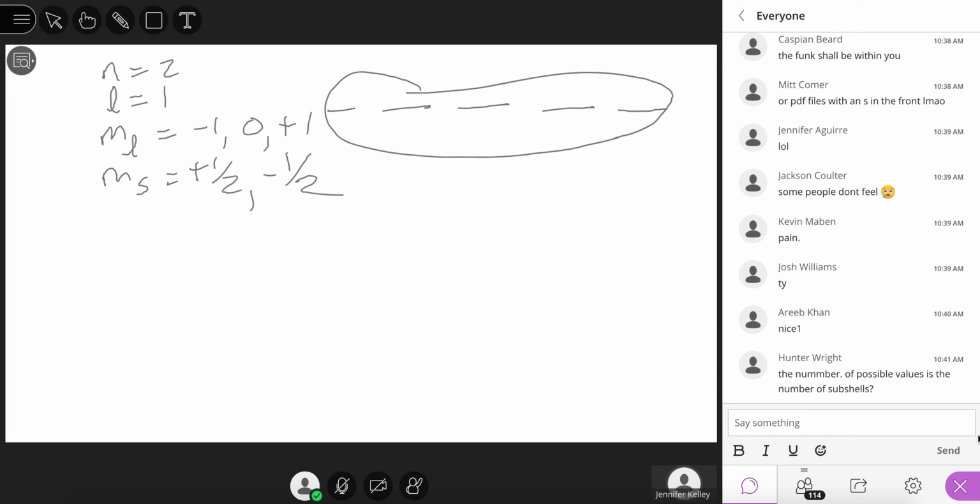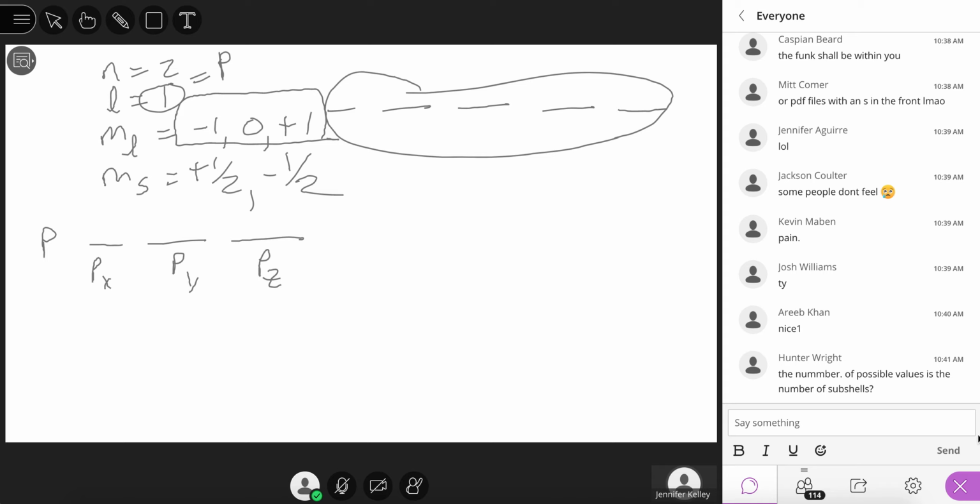These are the subshells, the little dashes. That's equal to the number of ML values that there are. So if L is 1, that's a P. So P has 3 subshells. They call those subshells PX, PY, and PZ. And the X, Y, and Z are the coordinates that you'll find these subshells located in.